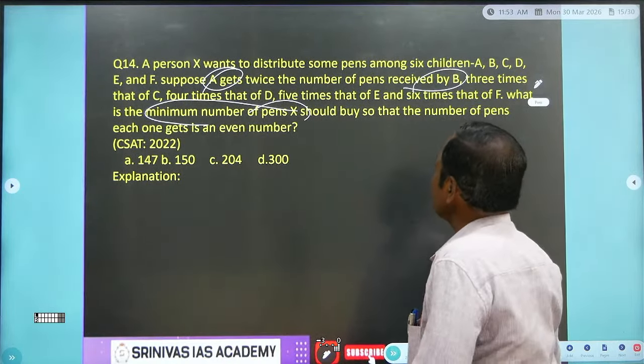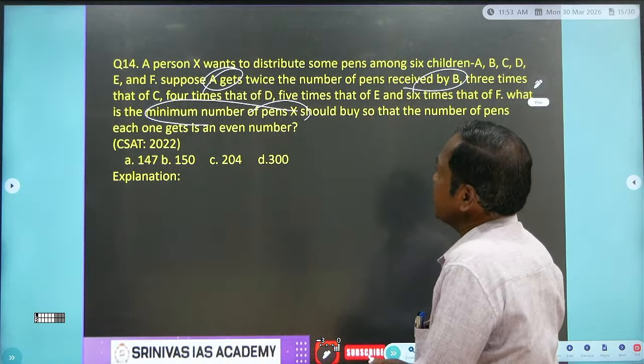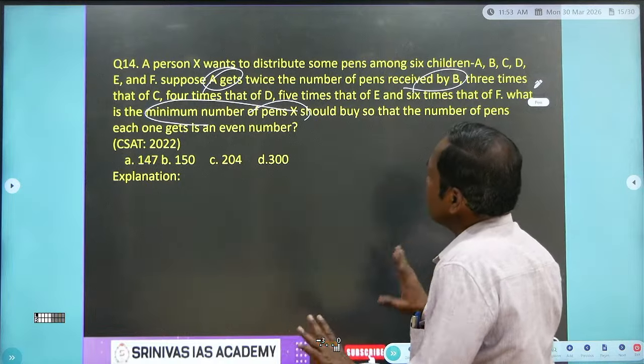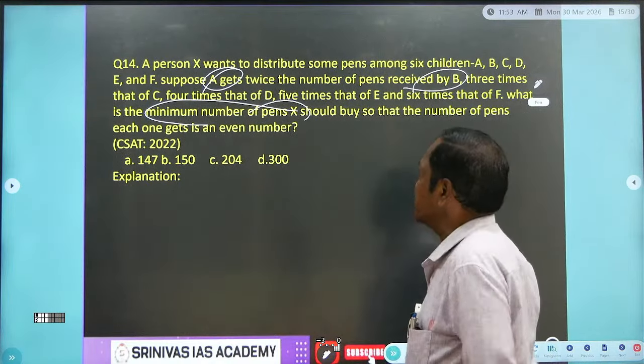A person X wants to distribute some pens among 6 children A, B, C, D, E and F. Equal distribution is not there; some distribution is there.